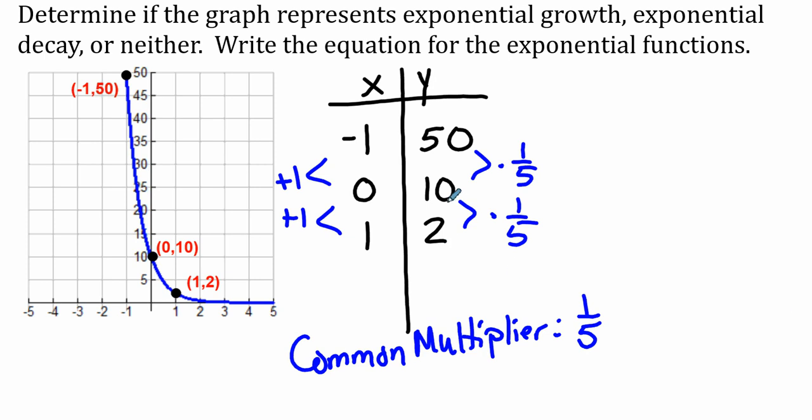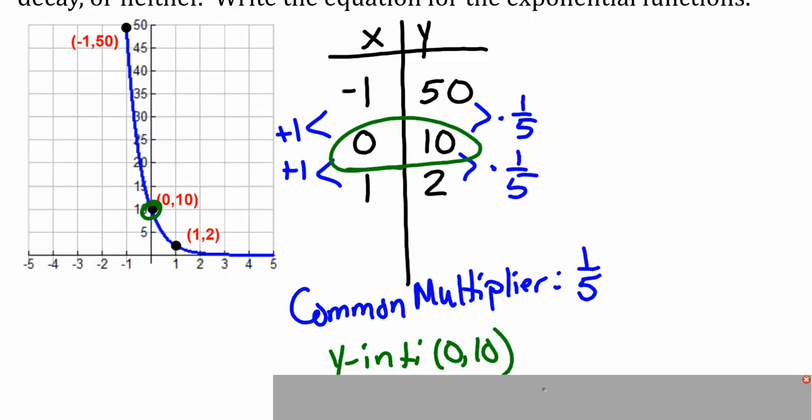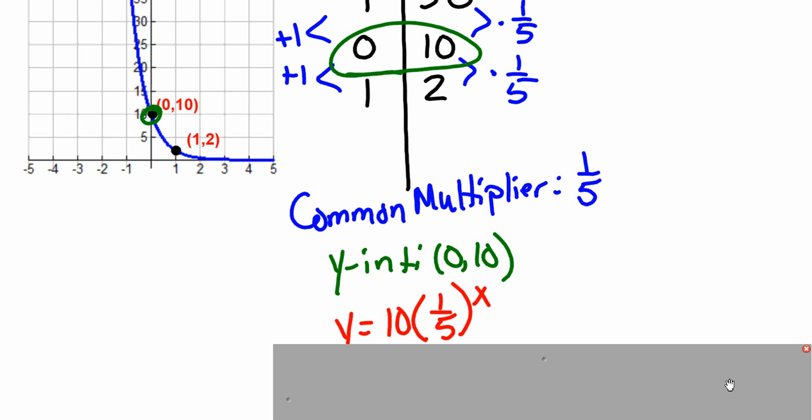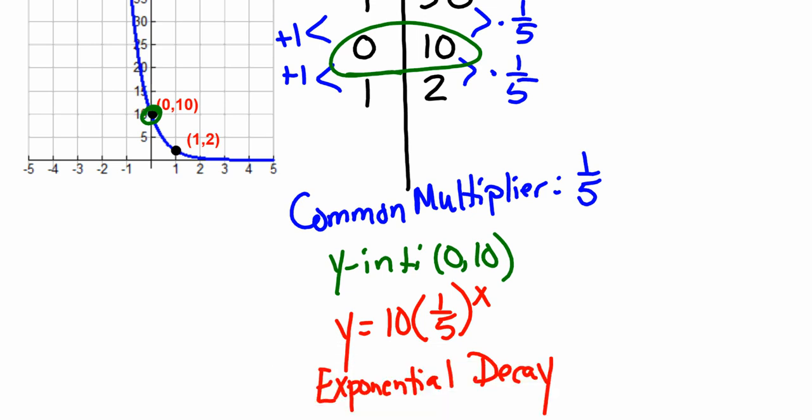Remember, current divided by previous: 2 over 10, 10 over 50. Put together your y-intercept and your multiplier for your equation in the exponential format, and you should have y equals 10 times (1/5) to the power of x. Again, exponential decay. If you'd like to use the decimal equivalent of 1/5, that's 0.2, that's perfectly fine as well.